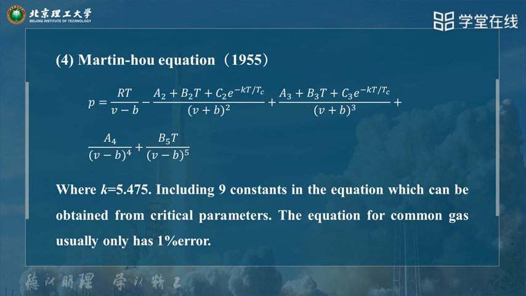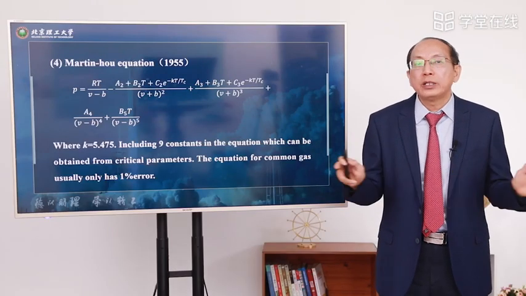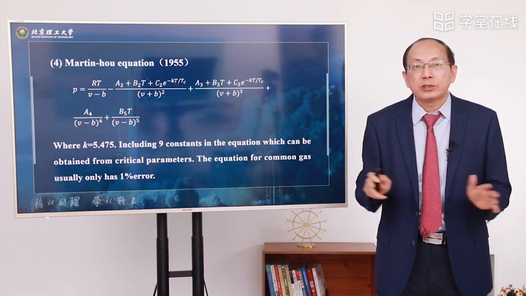However, the constants can be obtained from critical parameters. The equation for common gas usually only has 1% error, so the result is very good. But the calculation process is very difficult.